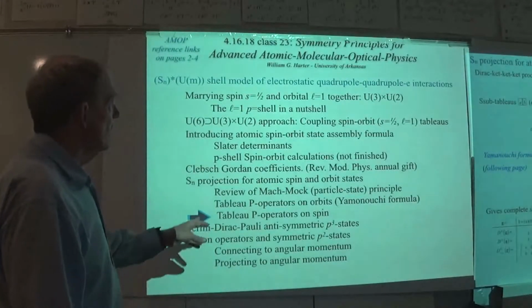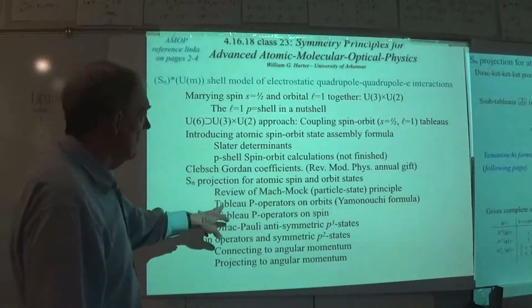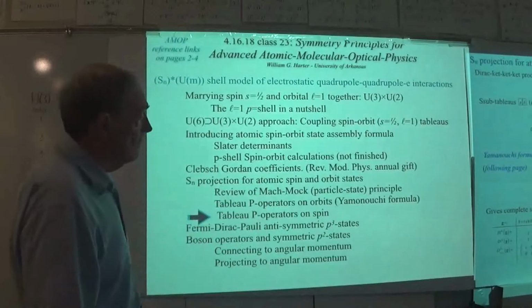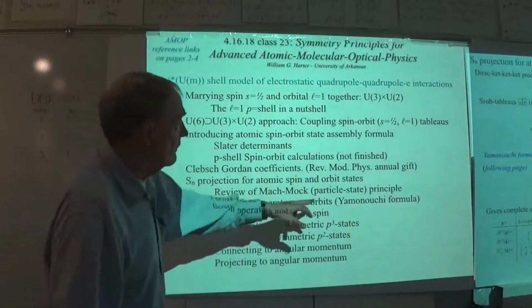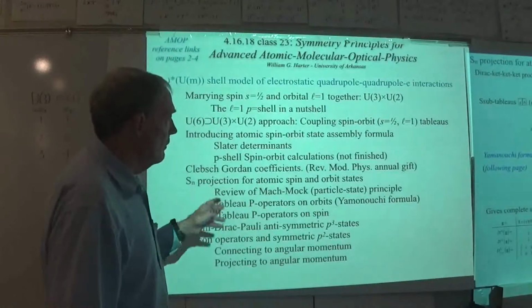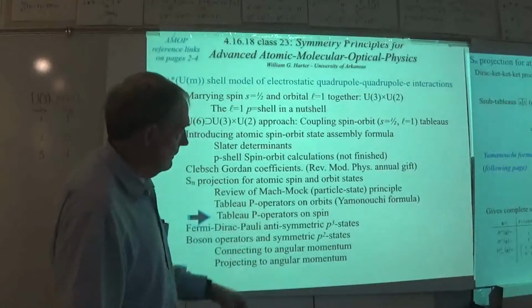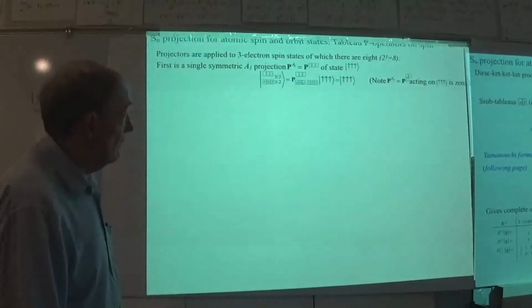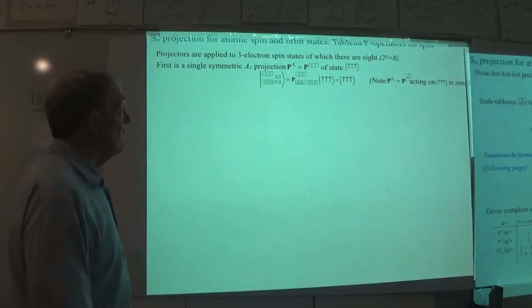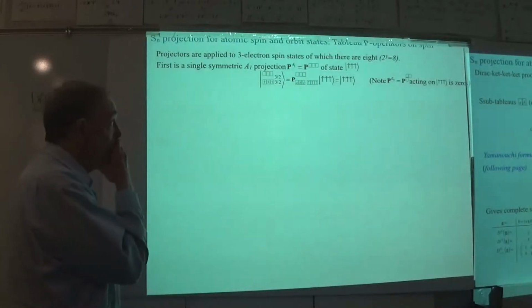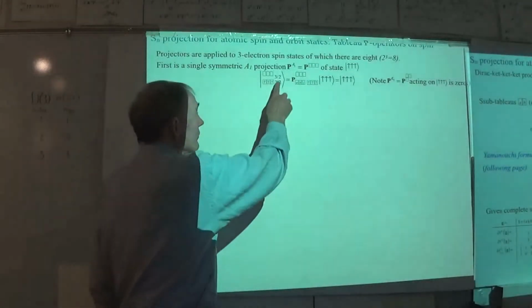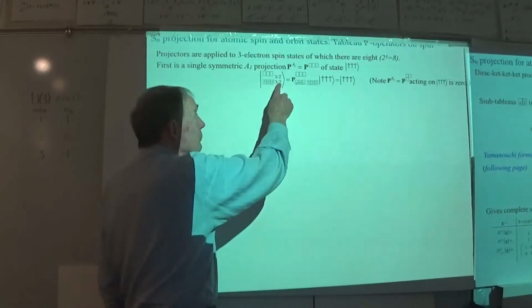Okay, so we're going to go ahead now, and this is the projection on orbits that we just looked at, where the Yamanouchi formula gets used. The Yamanouchi formula is also going to be used, with the same P operators, but now on spin. Okay, the first one's easy, and this is the one that actually produces the angular momentum 3/2, 3/2.